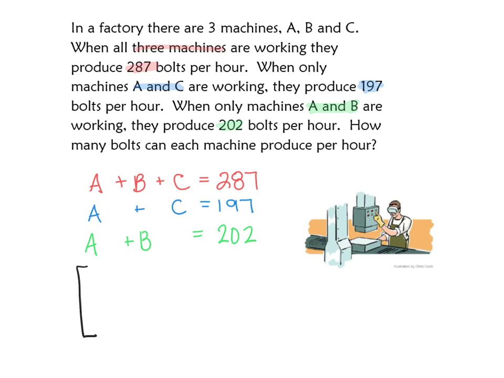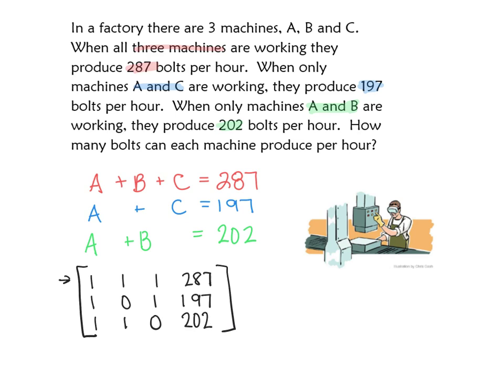If I write this as a matrix, for my first equation, I have 1A, 1B, 1C, totals 287. For my second equation, I have 1A, no B, 1C, 197 total. For my third equation, I have 1A, 1B, no C, 202 total.